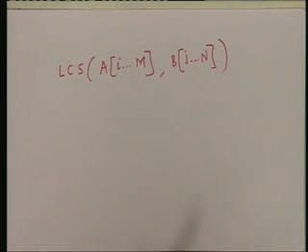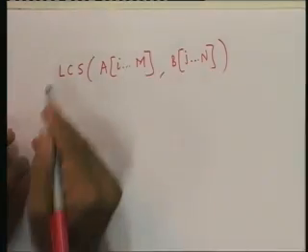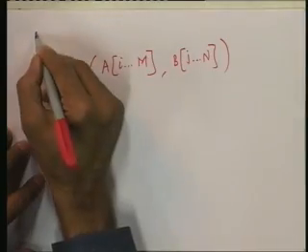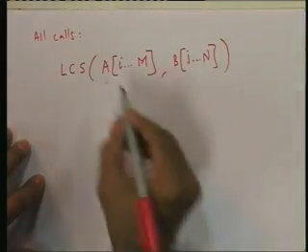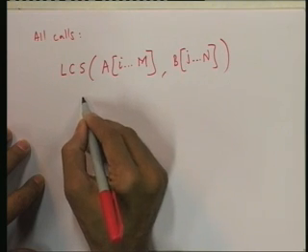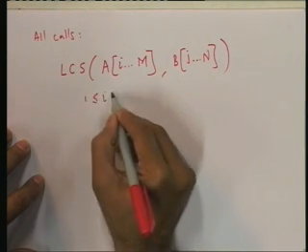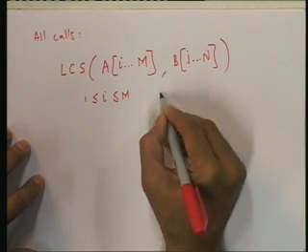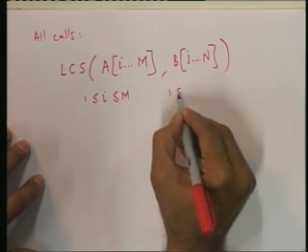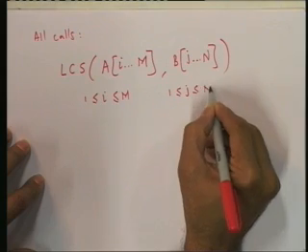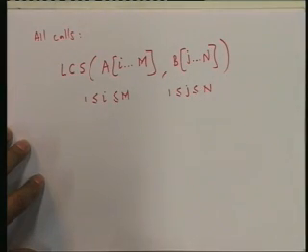This is an important observation, and an important part of the whole dynamic programming strategy. So, let me note that down: all calls are going to be of this kind, where 1 is less than or equal to i is less than or equal to m, and 1 is less than or equal to j is less than or equal to n.